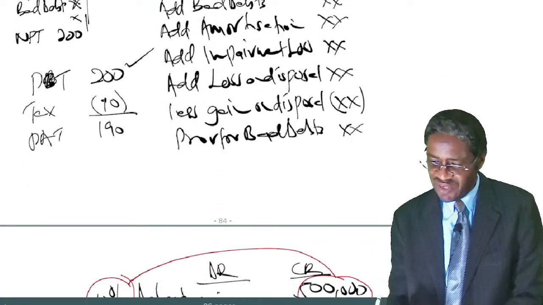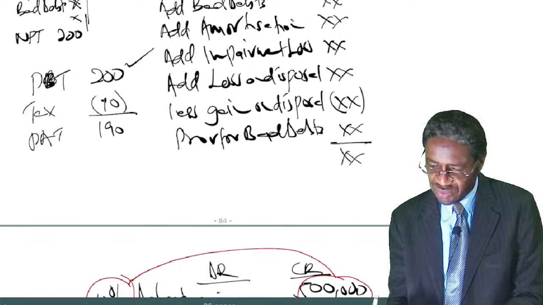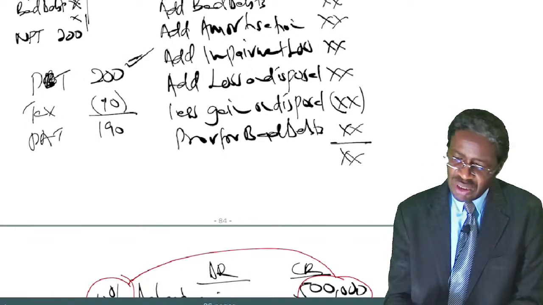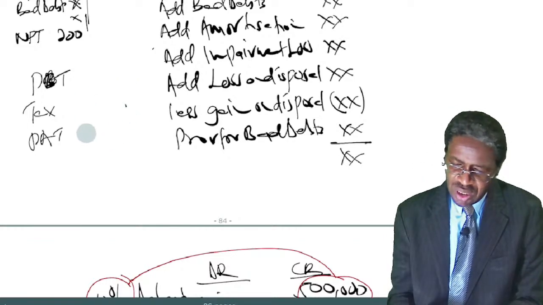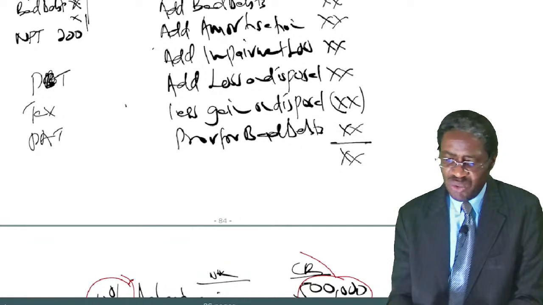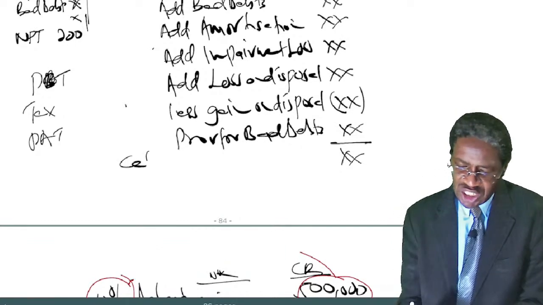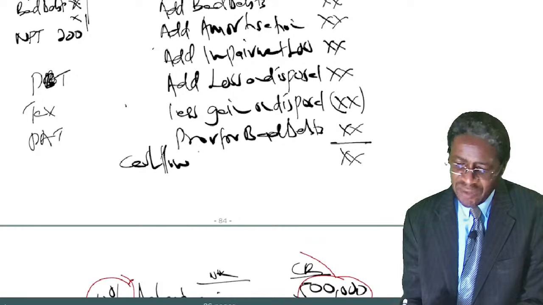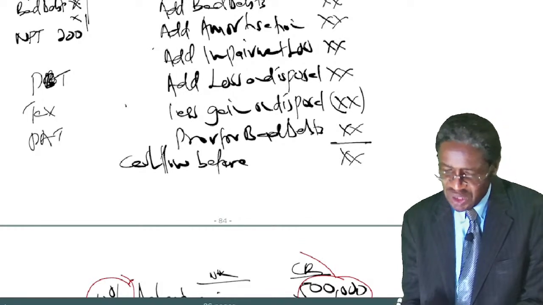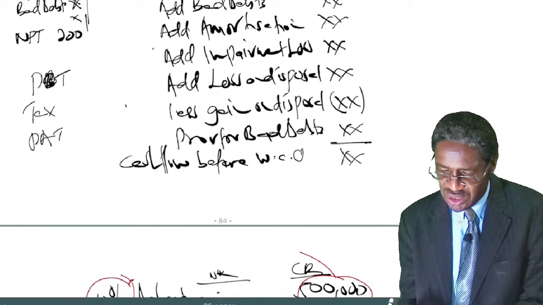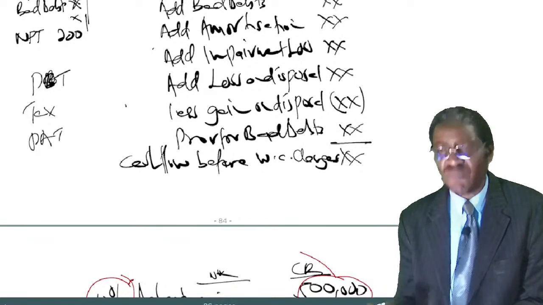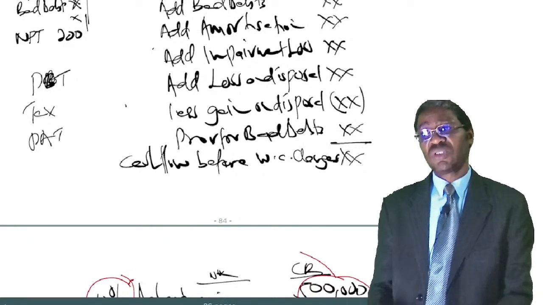Once I have done that, I get the total. That total is what you used to call cash flow before working capital changes.